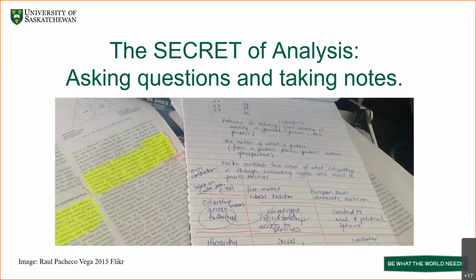The secret of analysis is two things, and they go together. It's asking questions and taking notes. I can't stress these two enough. And what this is really about is your confidence as a student.